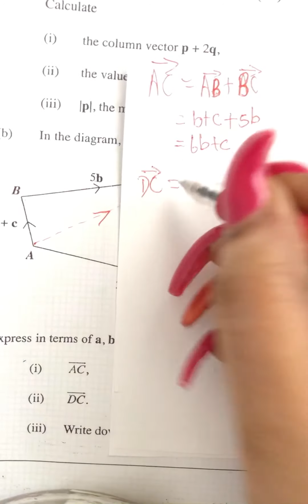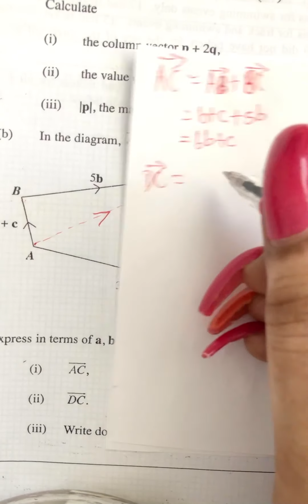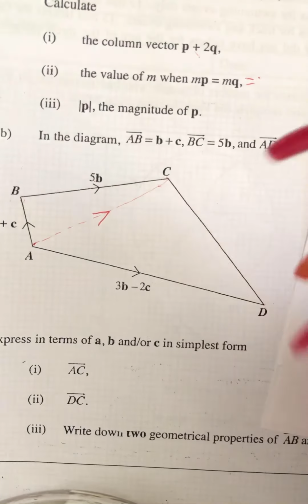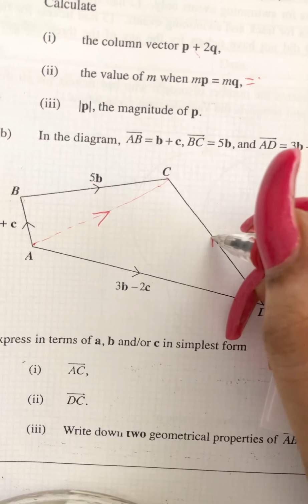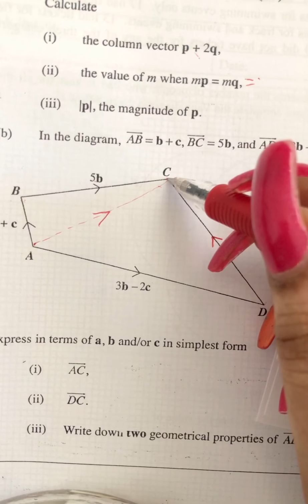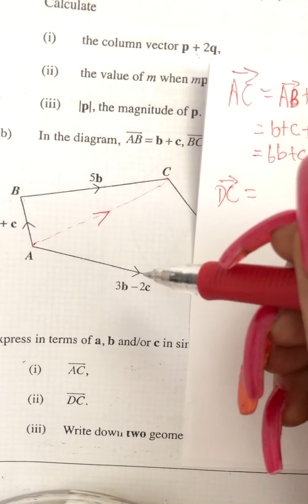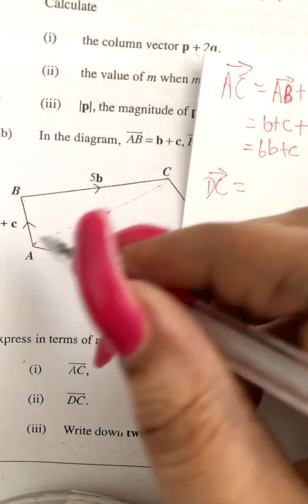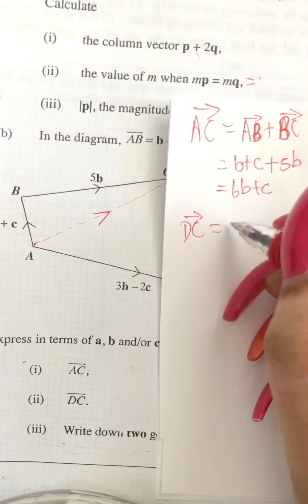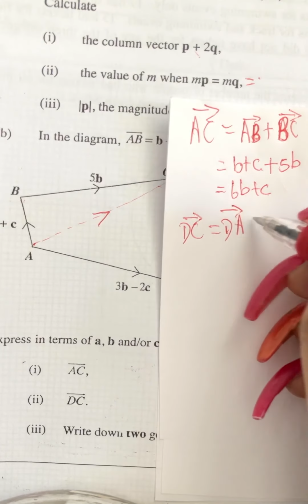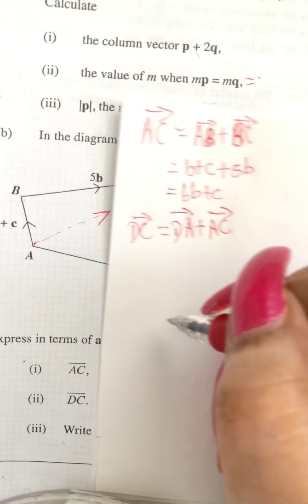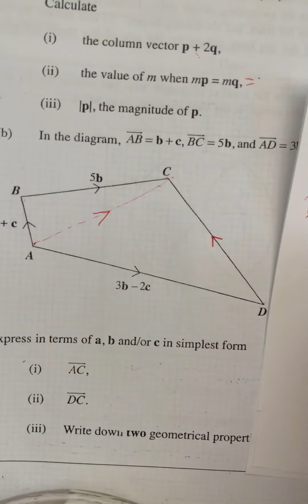Let us look at our vector DC. So I'm going to be going this way. Again, we're going to use two vectors. We can go DA plus AC. What is DA?